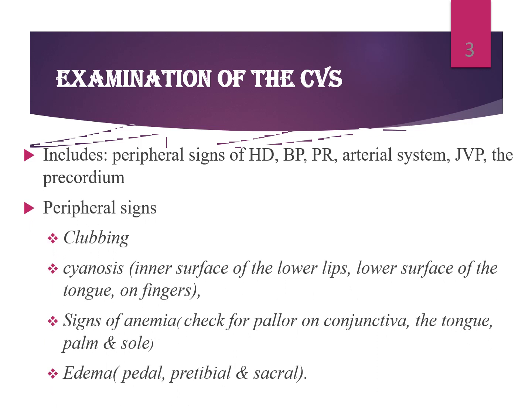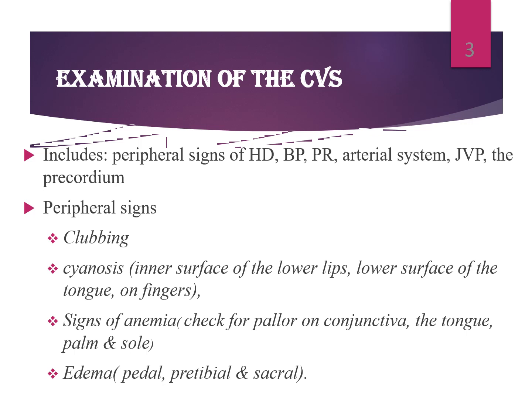When we see the peripheral signs that suggest heart disease, the majority of them are not specific for a cardiovascular problem, but they are seen in a patient who has a cardiovascular problem. From this, clubbing, and cyanosis, which is most of the time seen on the inner surface of the lower lip, the lower surface of the tongue, and the fingertips.